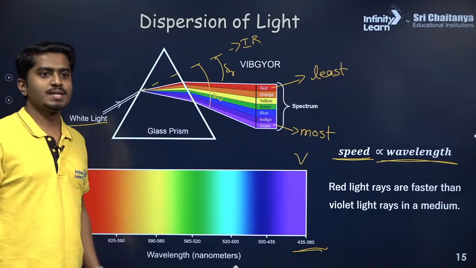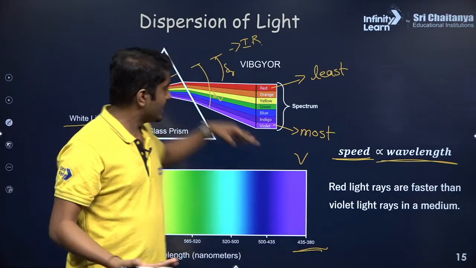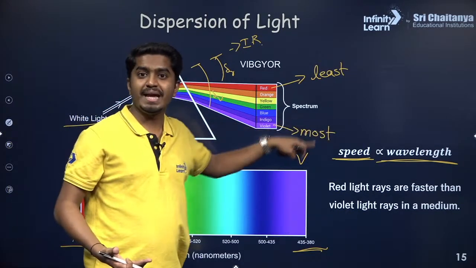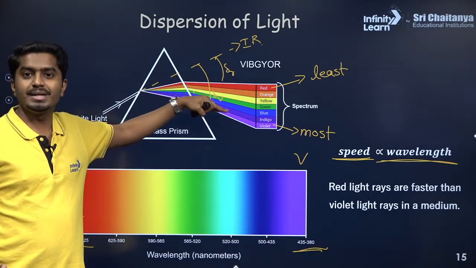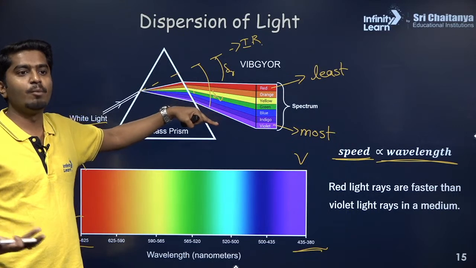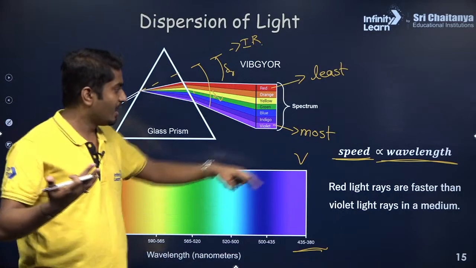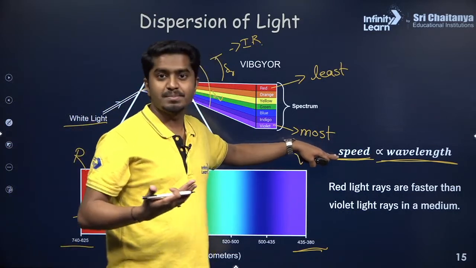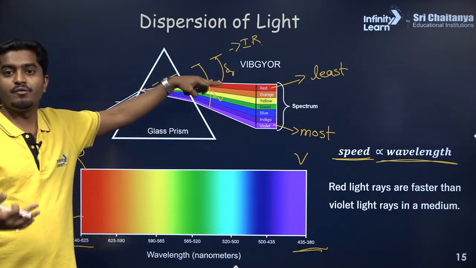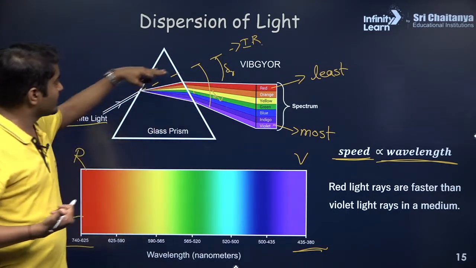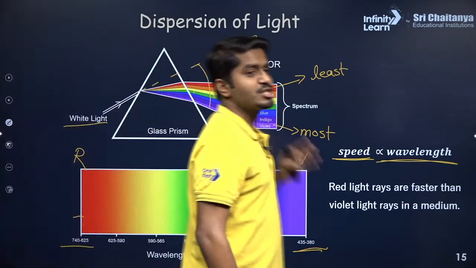Because violet has the least wavelength, it will have the least speed, so it takes longer to come out of the prism. That is the reason it deviates the most. And red, because it has a larger wavelength and greater speed, comes out of the prism very quickly, so it deviates the least. Clear? So this is the dispersion of light.